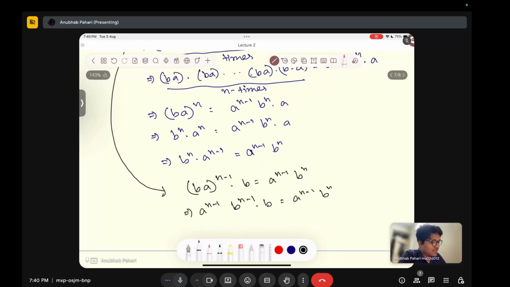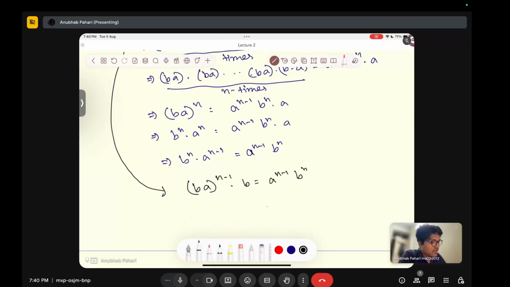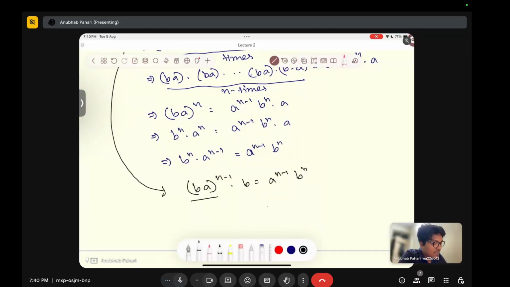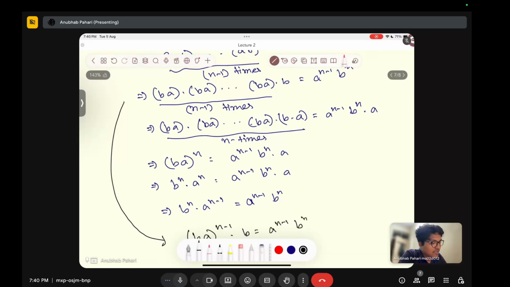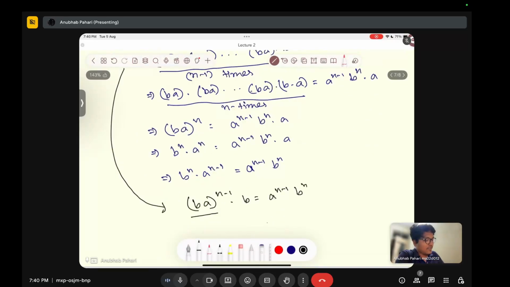In the last step, the order has changed. You have taken a wrong step. You should have written b times (ab) to the power n minus 1. Okay, I'm getting it now. Okay, sorry.